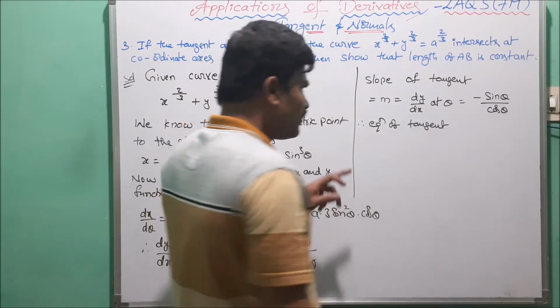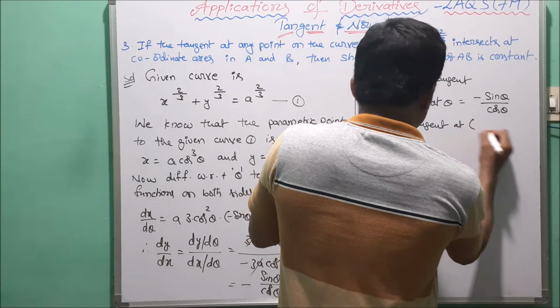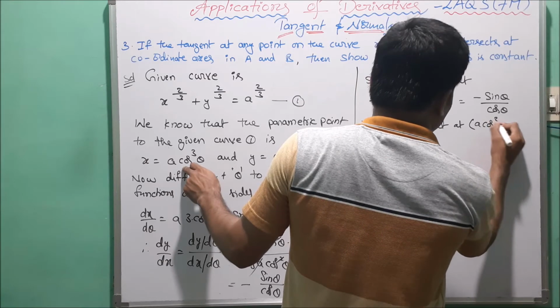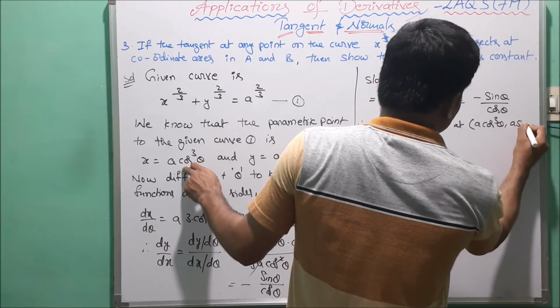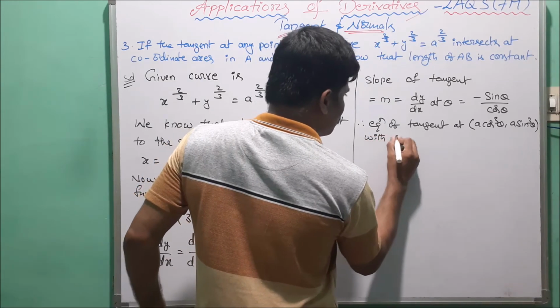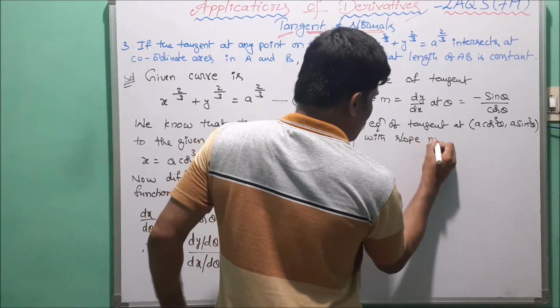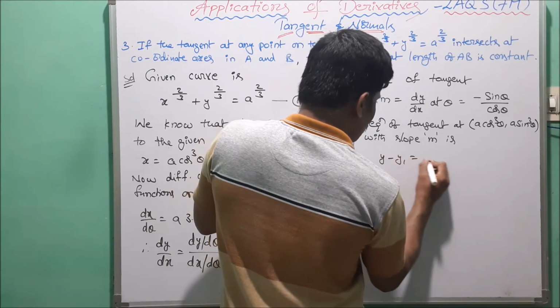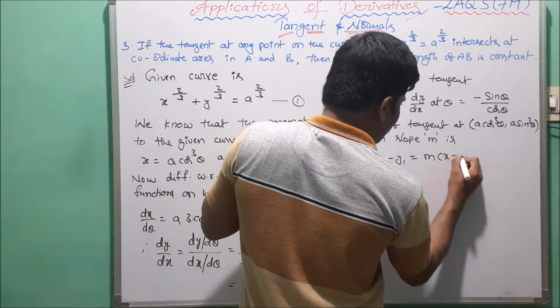Equation of the tangent at the point (a cos cube theta, a sin cube theta) with slope m is y minus y1 equals m into x minus x1.